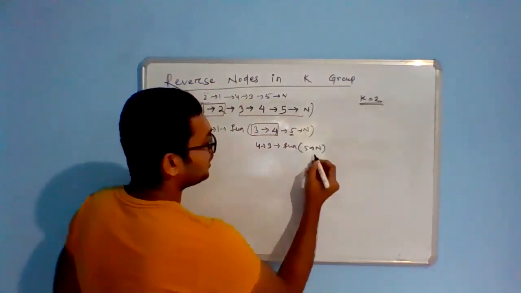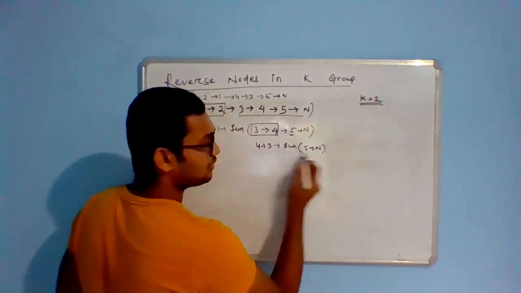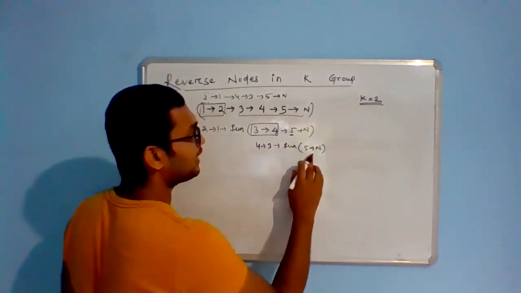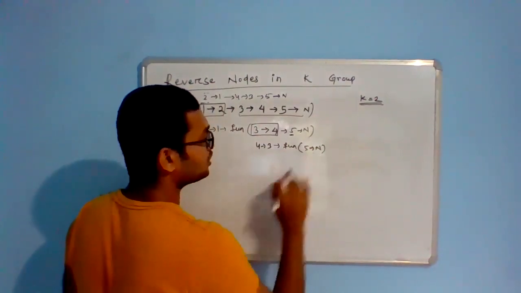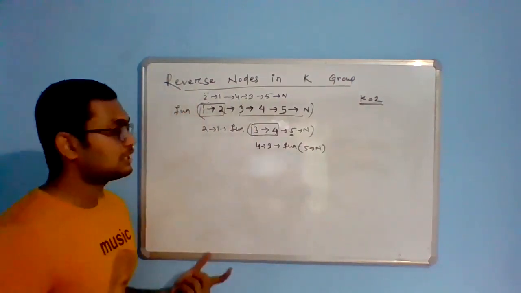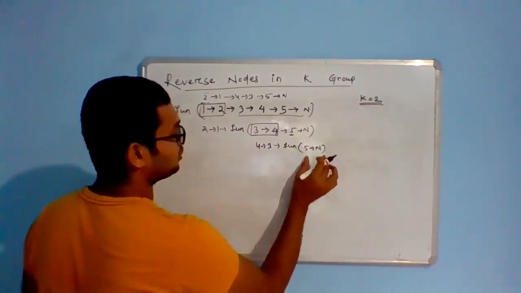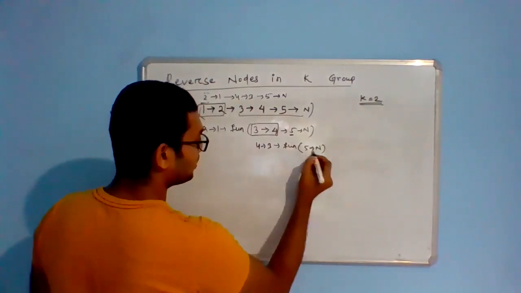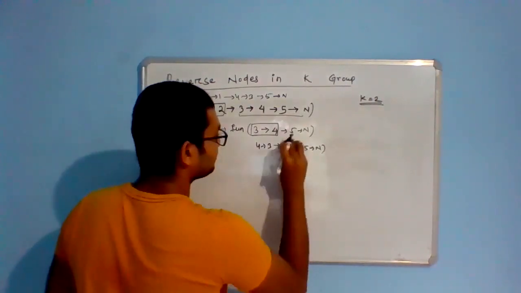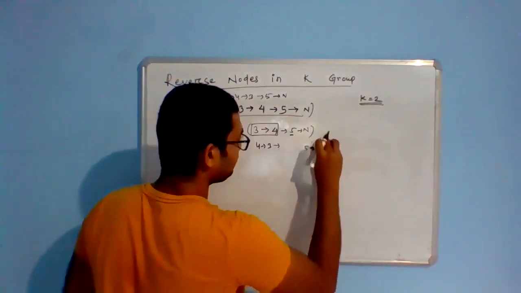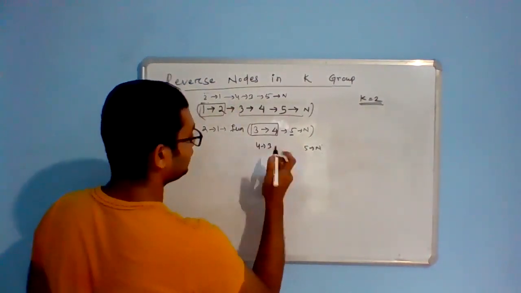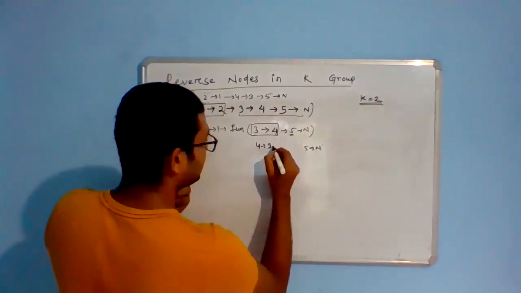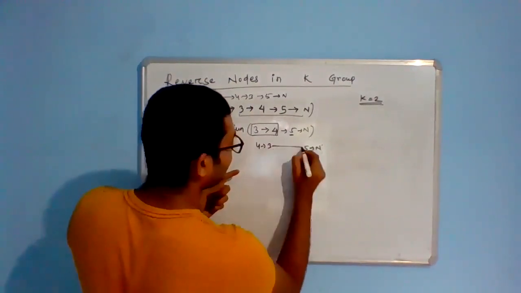Now since we see that there are not sufficient k valid nodes, and the question is also suggesting that we should use it as it is, we should not reverse it. So in that case, the answer for this particular function will be this: 5 then null, and since it was connecting, its next should be connected to this.